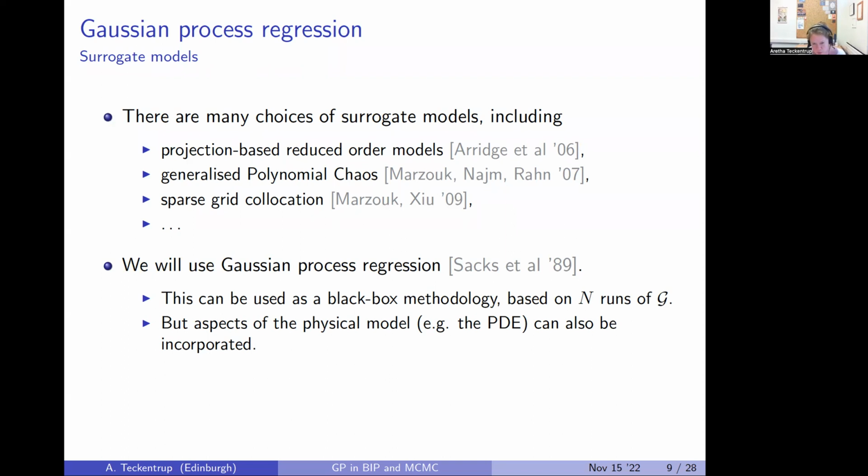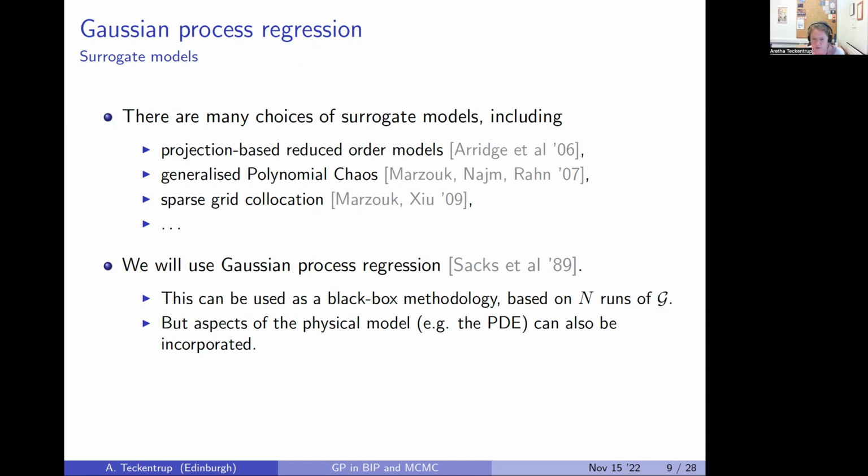There are a couple of reasons why we like Gaussian process regression. One is that it is what's known as a black box methodology. All you have to be able to do to construct this surrogate model is evaluate your observation operator. So you just have to be able to evaluate G at n different points u. In the context of PDEs, all you have to be able to do is solve the PDE for a given value of the coefficient.